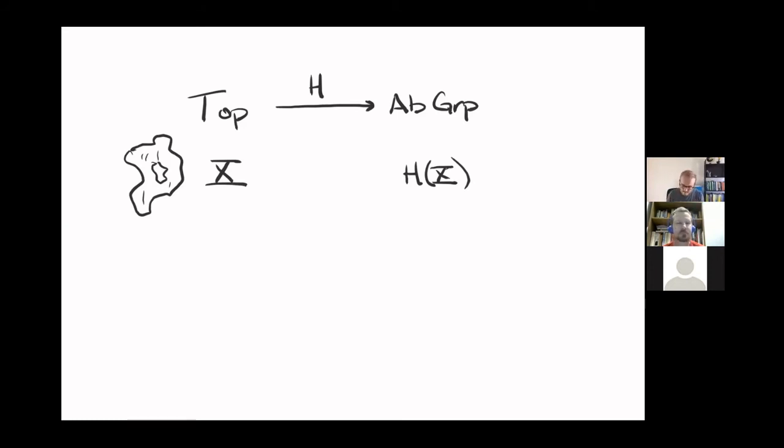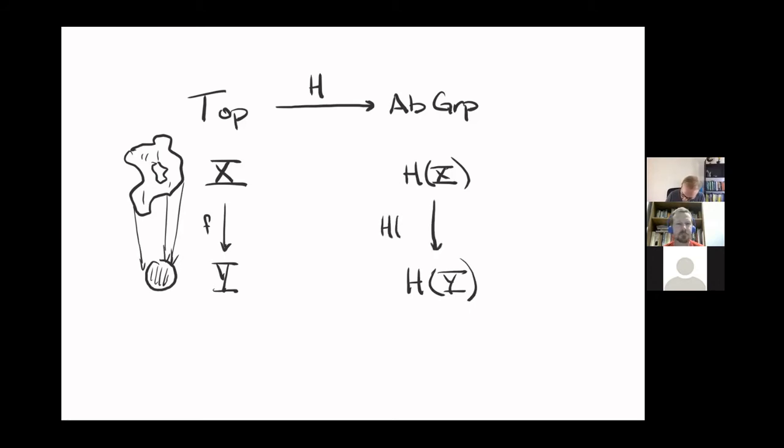And then if I have a way of mapping this down onto just a disk, and these points all go down like this, I'll call this one Y. And this might just be a function F. Then I also have H of Y here, and also H of F. So there's an induced mapping from H of X to H of Y that comes from the topological mapping from X to Y.